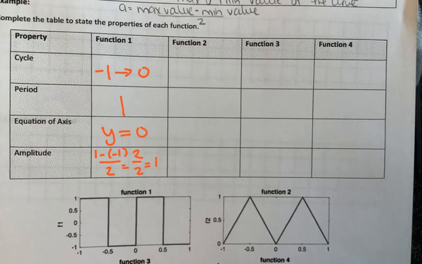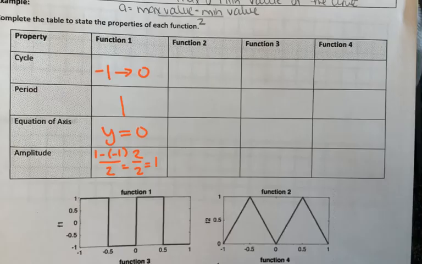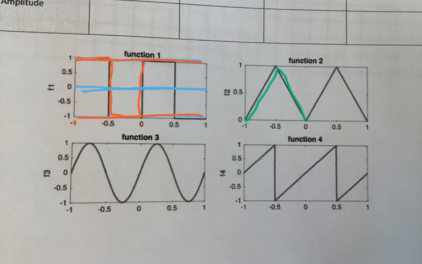All right, let's do it for the second one. I first need to find the cycle. Starting at negative 1, go up, down. Now I'm going to start again. So it's from negative 1 to 0 again. That's 1 unit, so the period is 1. For the equation of the axis, my max value is 1.